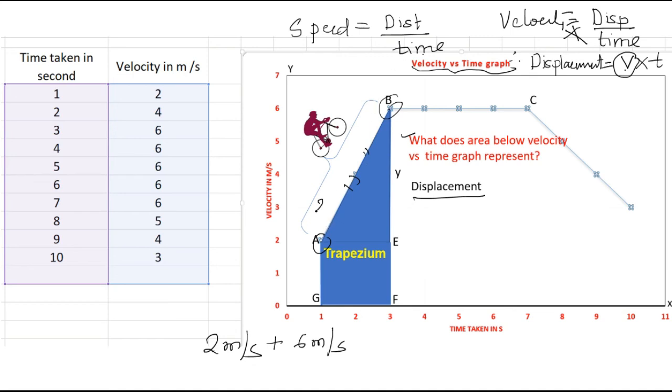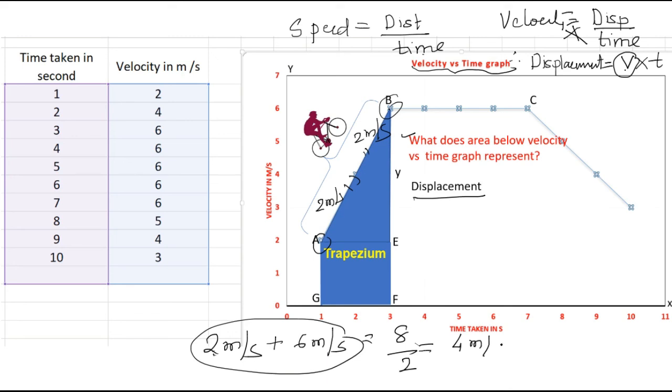How much it is changed? 2 meter per second here and 2 meter per second here, right? So proper change is there here. So if you add 2 plus 6, it becomes 8, again divided by 2, 2 times it is changed, that is the average is 4 meter per second. So you can even graphically see the center of this gives you a average, right?